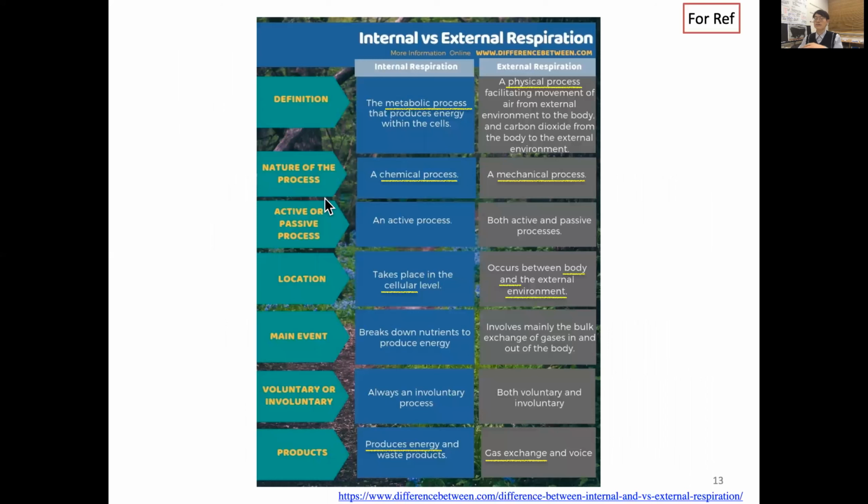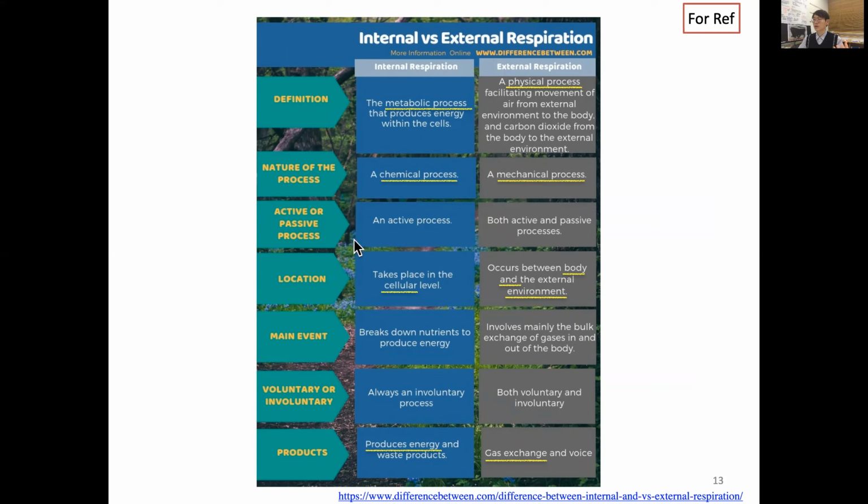I have a table that explains it better, so I want to go over it a little bit. In terms of definition, internal respiration is a metabolic process, while external respiration is a physical process. As for the nature of the process, external respiration is more mechanical, while internal is a biochemical process. And where does this respiration happen?